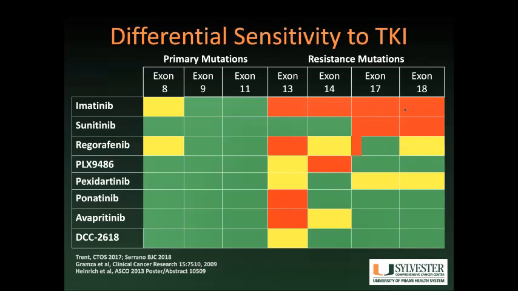Whereas if you go down the table, you'll see Regorafenib has some activity, the Plexicon drug, Ponatinib, Avapritinib, and Ripretinib, DCC 2618, have activity at the 17 and 18 location. So now we're really starting to learn how to tailor drug therapy to optimize and deliver the best therapy based on data such as these mutational data.